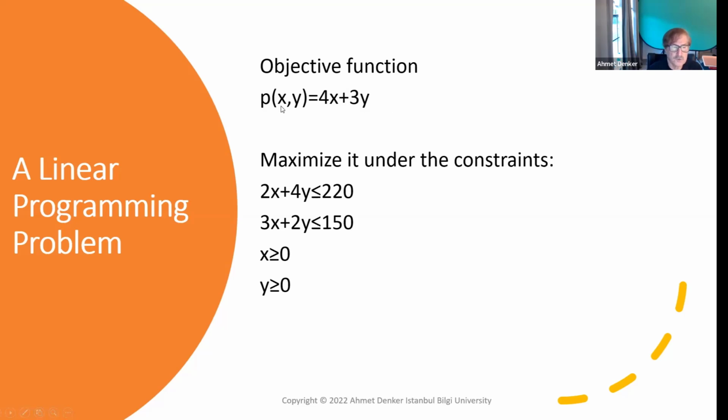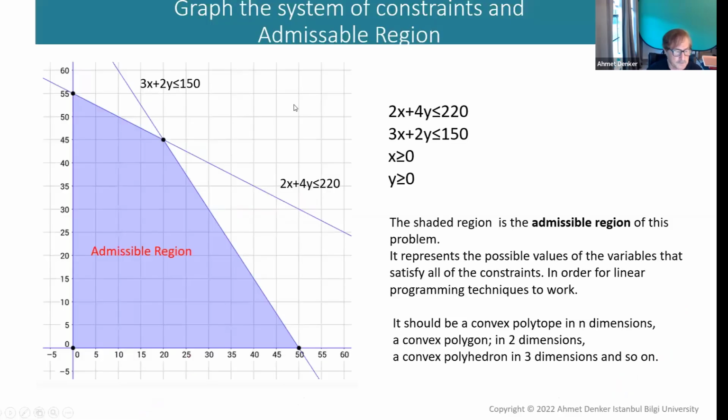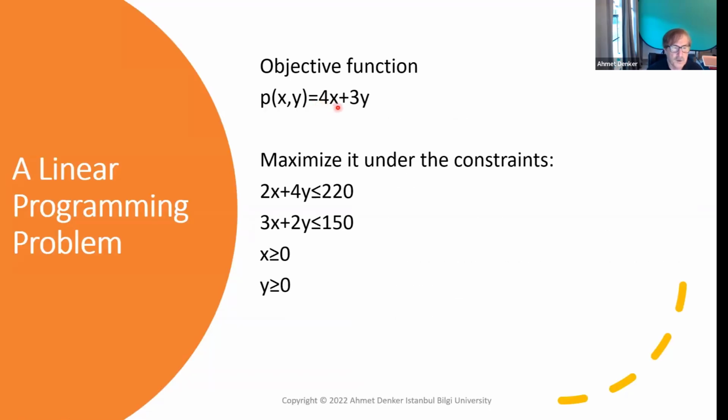A simple one is an objective function shown by a simple linear equation. It's a function of 2 variables, x and y, and it is expressed as 4x plus 3y. And we are asked to maximize it under the constraints: 2x plus 4y is less than or equal to 220, and 3x plus 2y is less than or equal to 150.